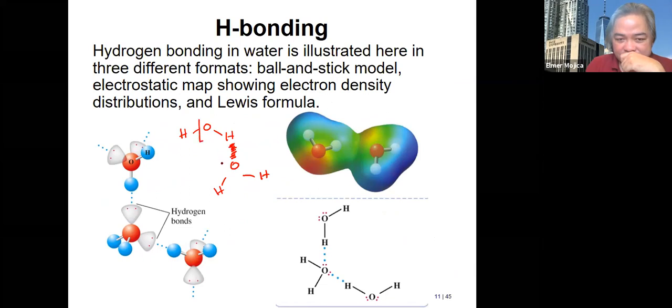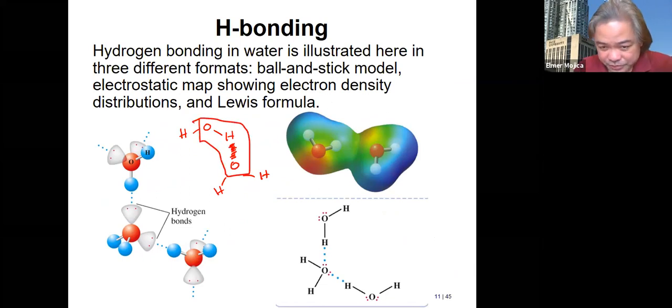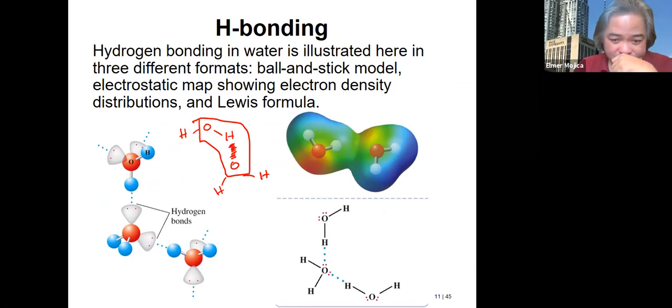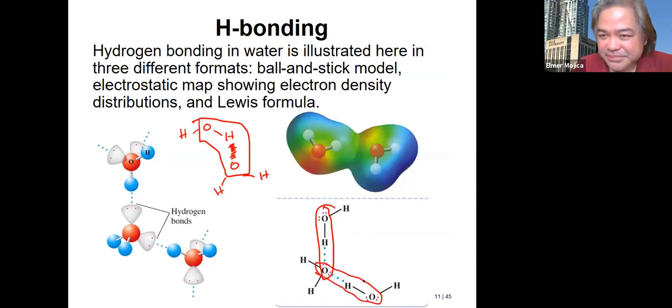If you look at this, hydrogen is the bridge between two oxygens. This is another hydrogen bond. This is another hydrogen bond.